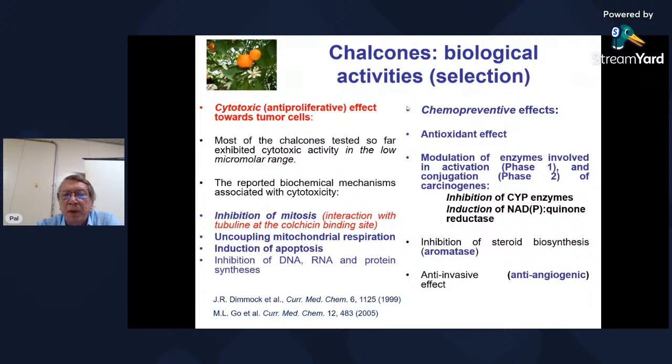As for the chemopreventive effects, which are listed in the right-hand column, a separate lecture of this series will discuss them.